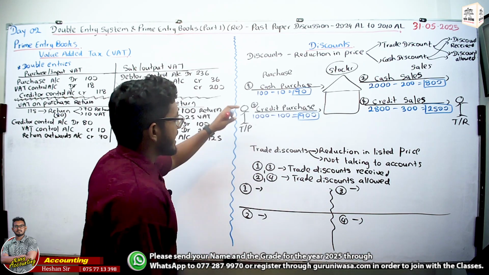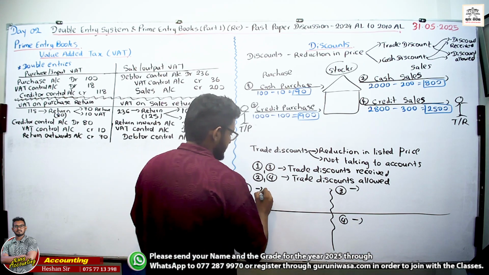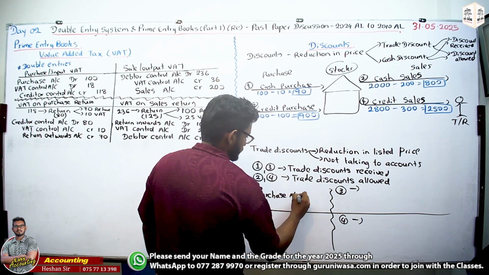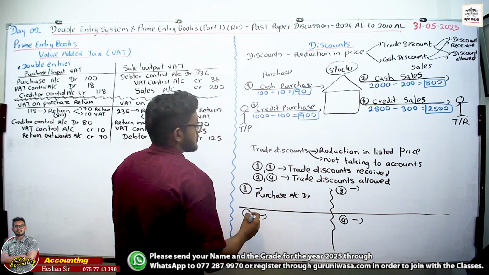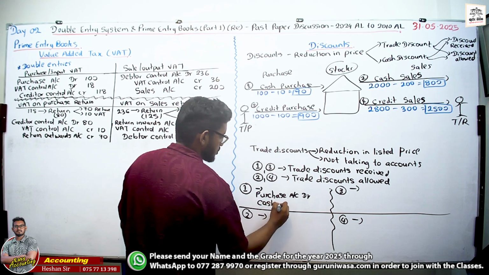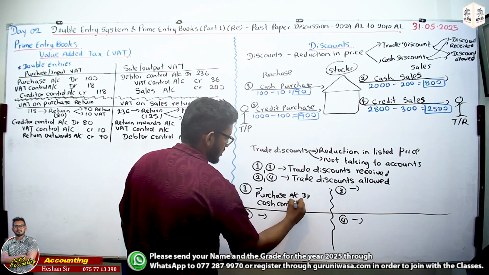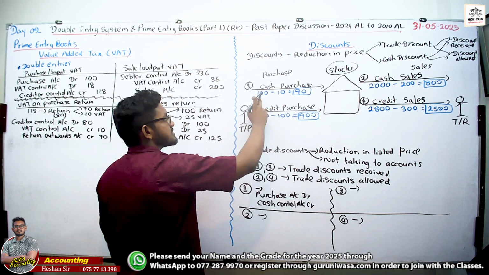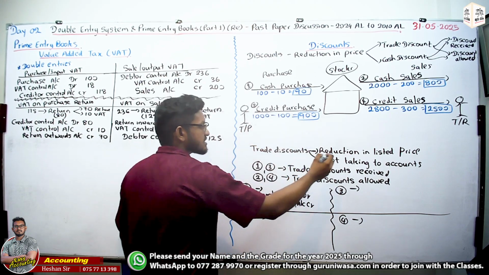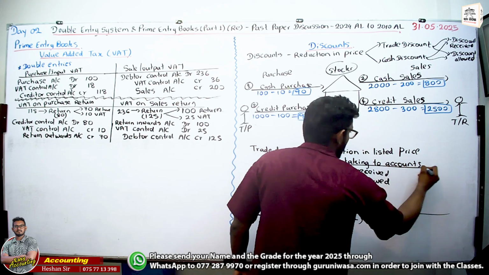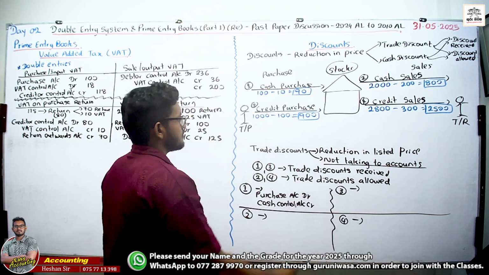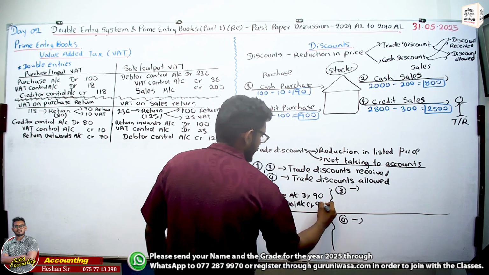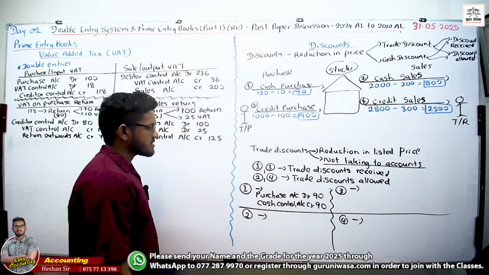The first one, cash purchase: purchase account debit, cash control account credit. How much? Not 100. Since trade discounts are not taken to accounts, we consider the after-discount amount, 90. Send me a thumbs up if it is clear.